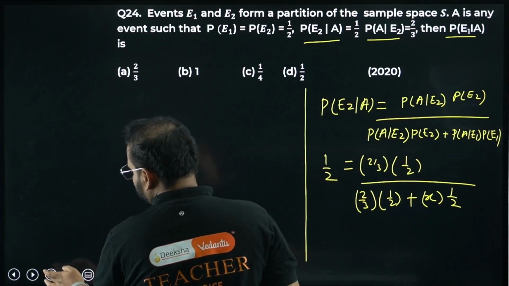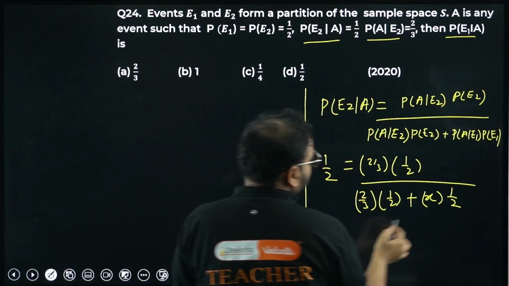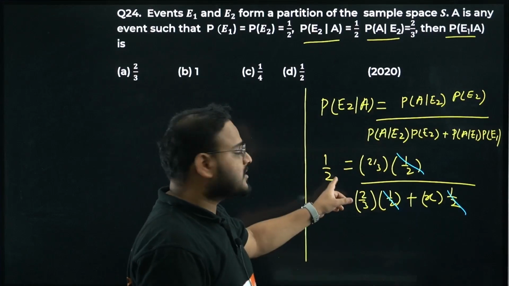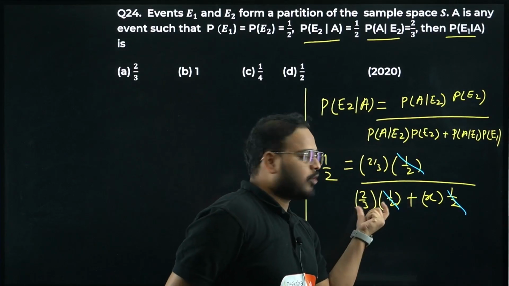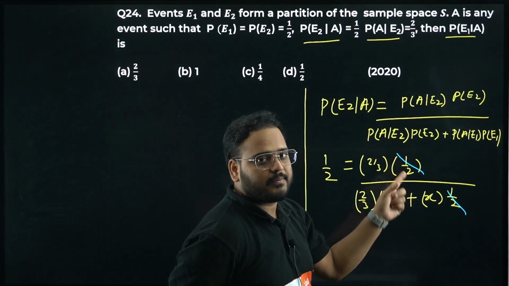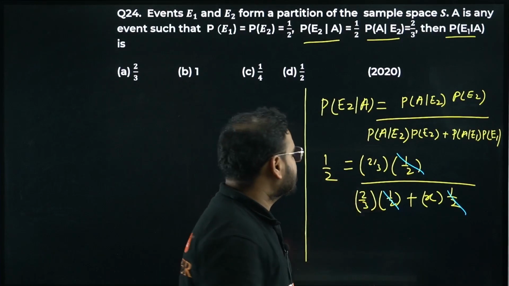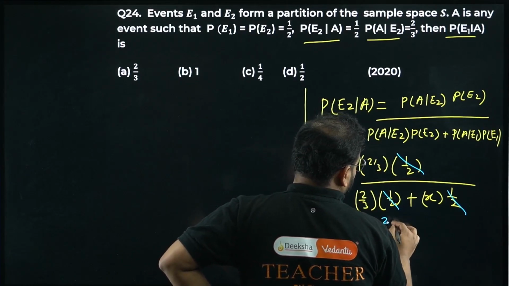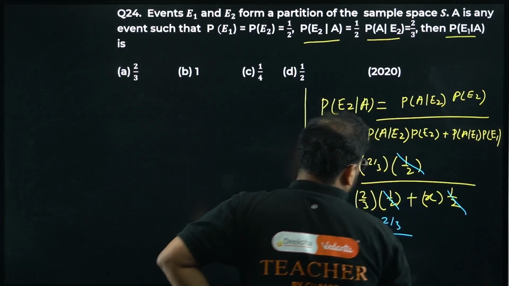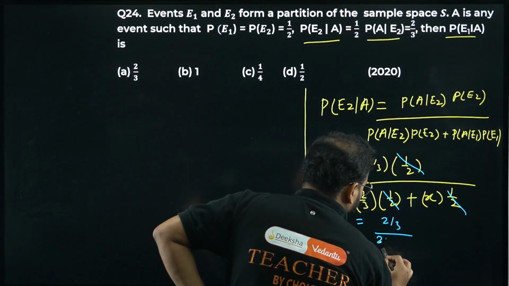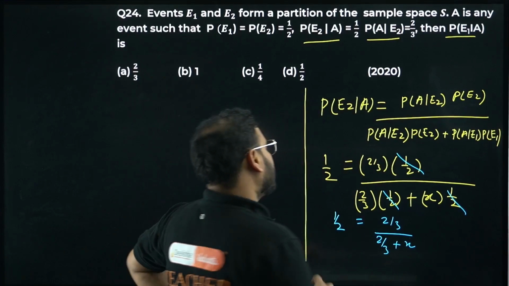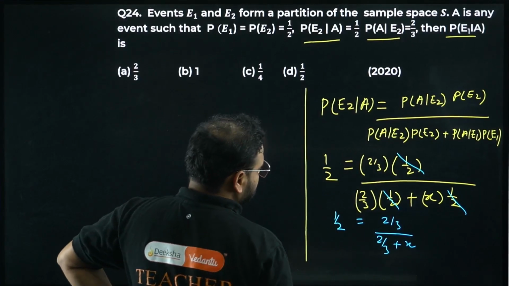Now my calculations, please check. First, 1/2 is cancelled, taking this 1/2 common, which cancels the 1/2 in the numerator. I get 2/3 upon (2/3 plus x), equals 1/2. Now cross multiplication.